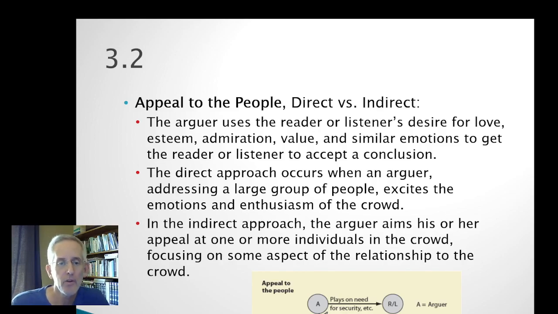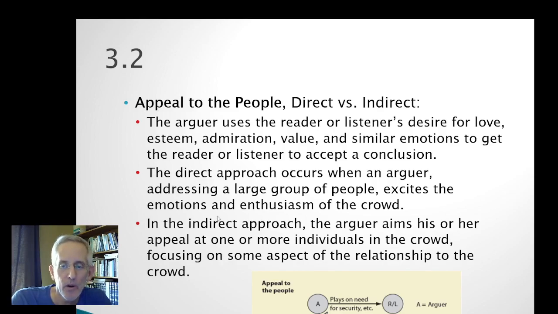So in the direct approach, you need to think of it in the context of a large group of people being influenced by one individual and trying to get them to accept a conclusion based on trying to excite them, evoke emotions or elicit emotions, and elicit enthusiasm.